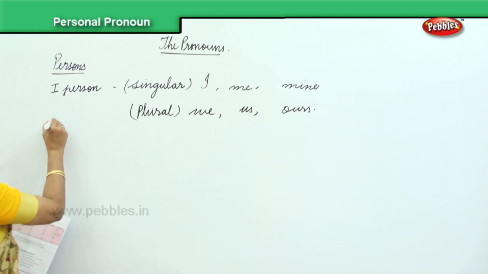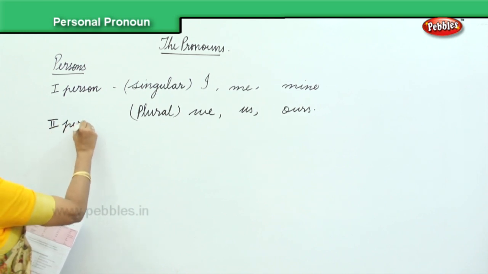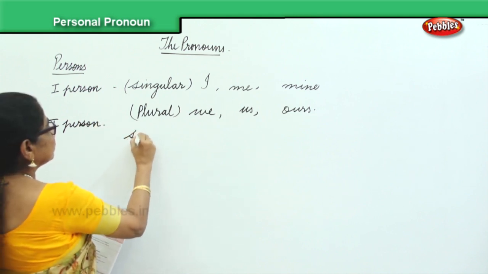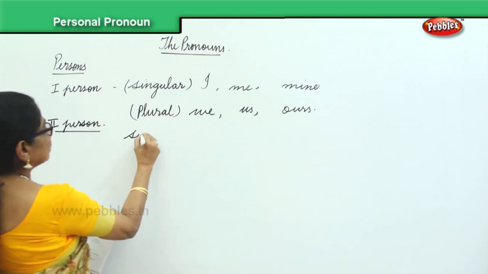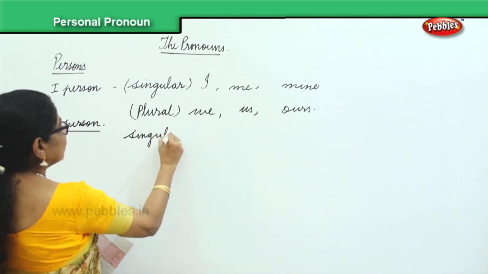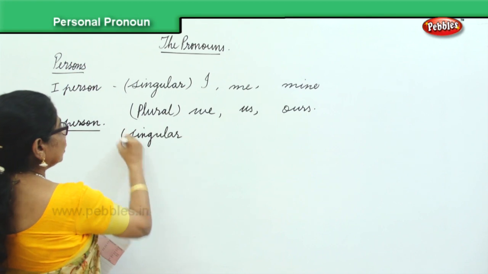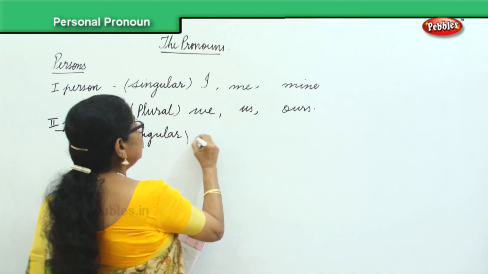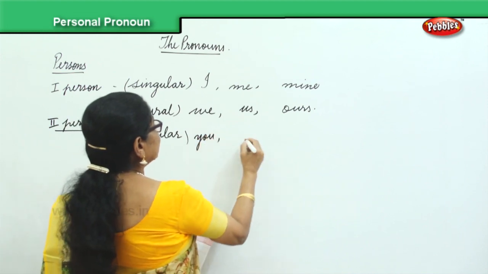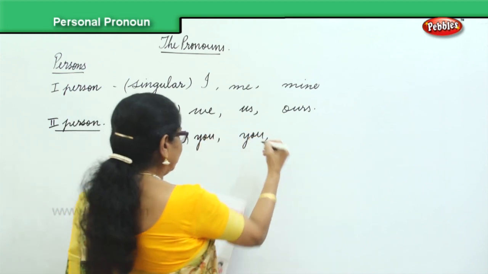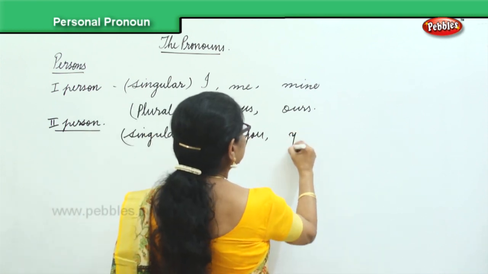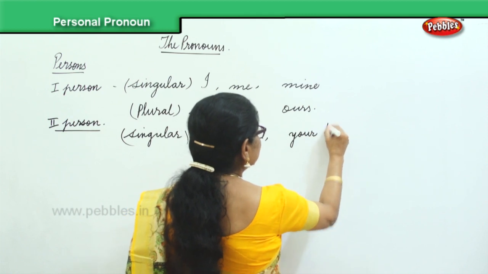And in the second person singular, we say you, and again you will say for you, your, yours.